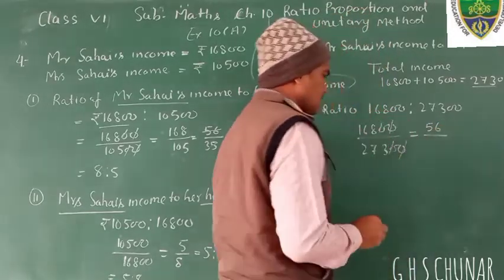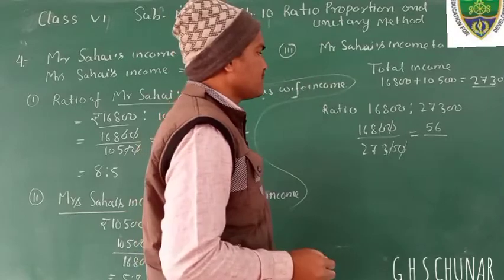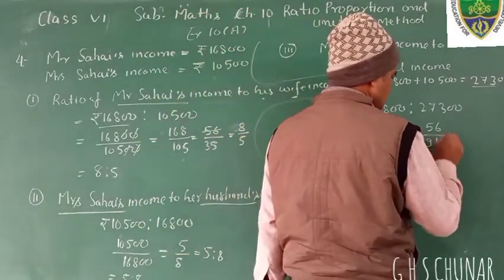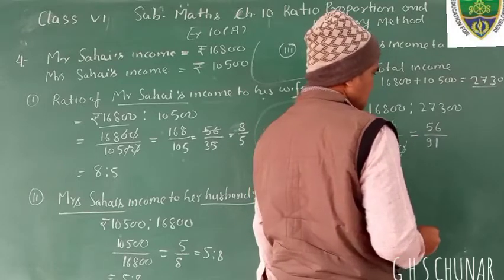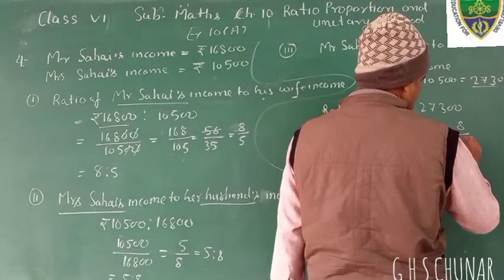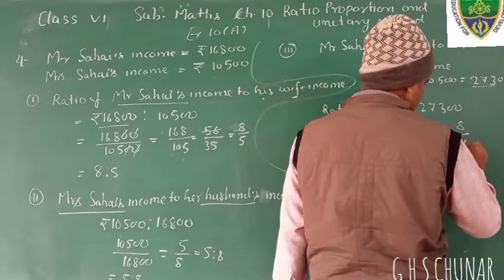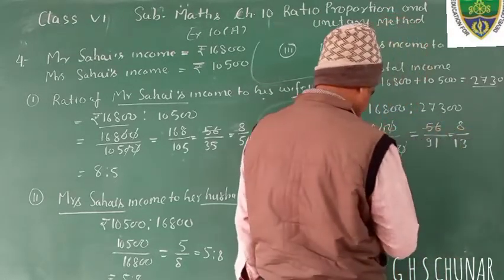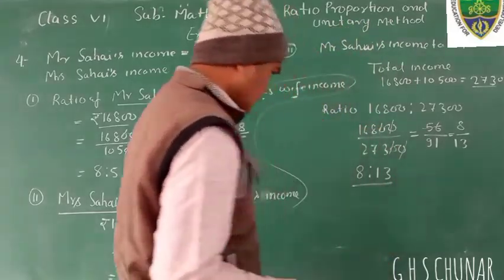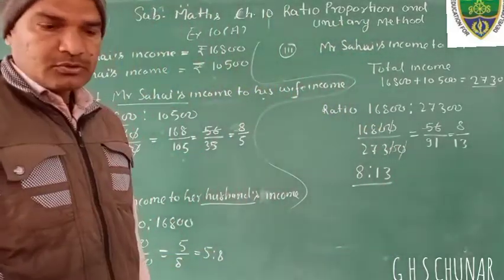We will cancel it by 3. 3 5 are 15, 3 6 are 18, 3 9 are 27, 3 1 are 3, 7 8 are 56. That is 8:30. Okay, note it.